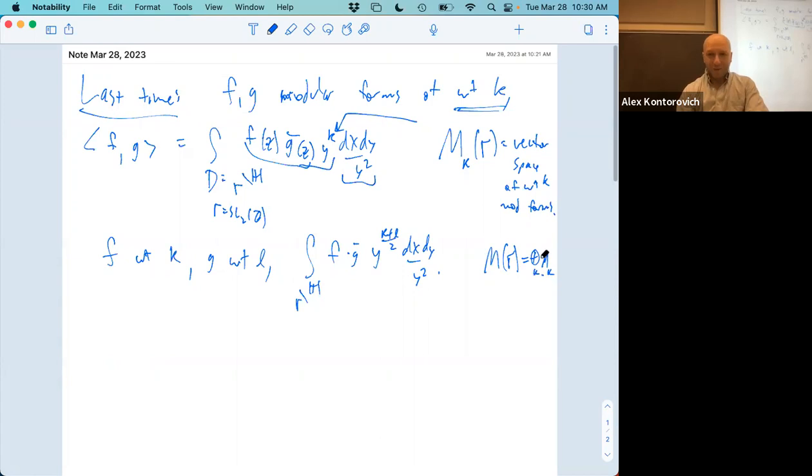The problem is, if I take two elements in here, first of all, there are arbitrary linear combinations of different weights. Then I have to know which weight it is. There's a different formula for F depending on which component it came from.